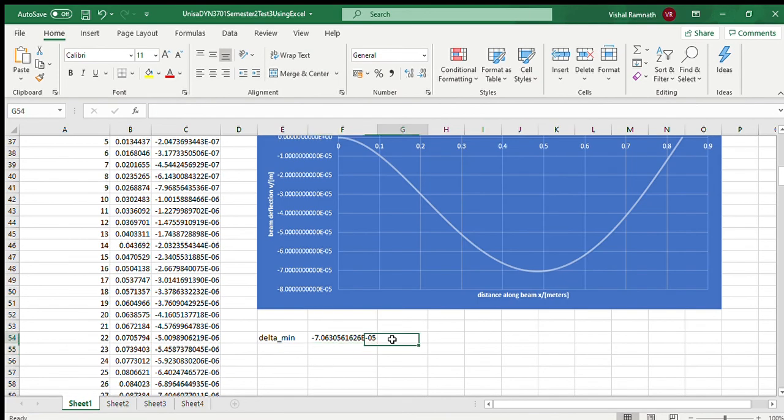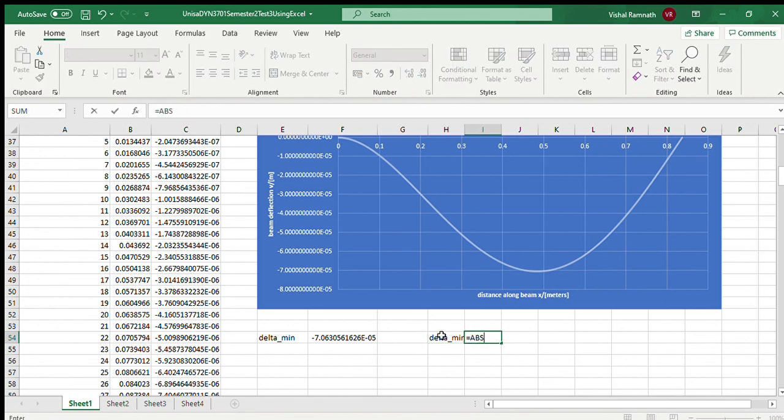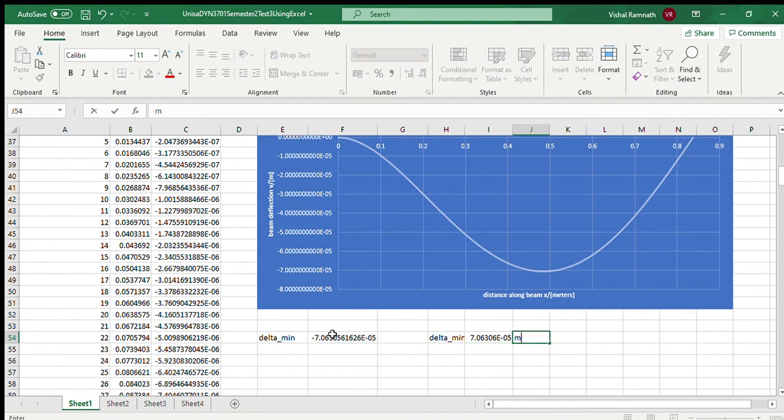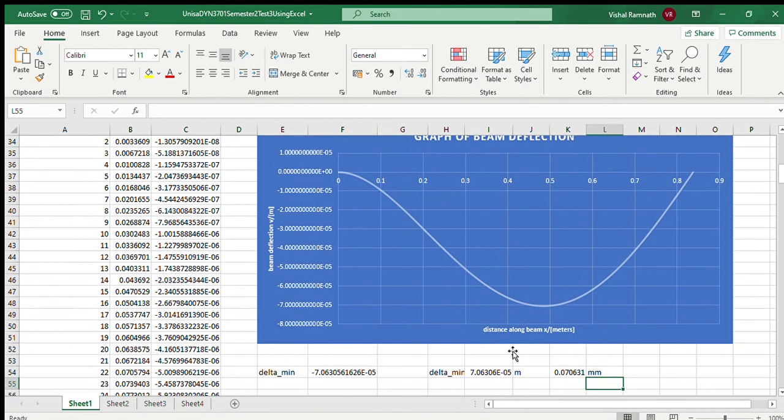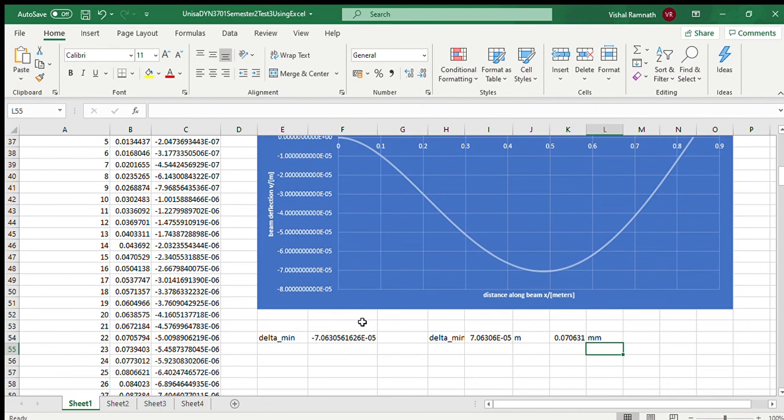Then we would say delta min is equal to ABS, the absolute value of that, and that would give us a value in meters. If we wanted it in millimeters, 1e3 times the value, and that would be so many millimeters.